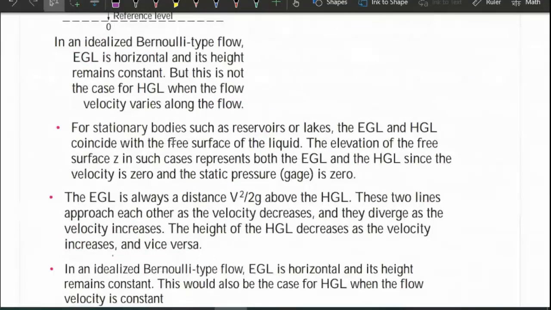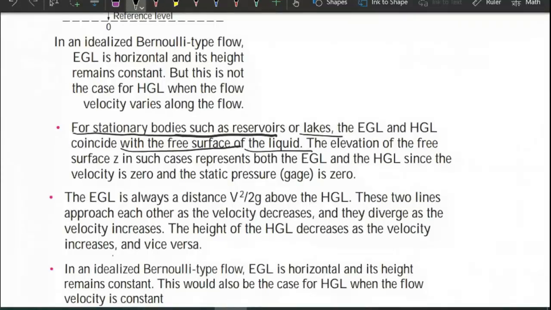The first important point is, for stationary bodies such as reservoirs or a lake, where water is not flowing, the EGL and HGL coincide with the free surface of the liquid. Makes sense? Because fluid is not flowing, this means the velocity term is 0 and the difference between these two is 0.